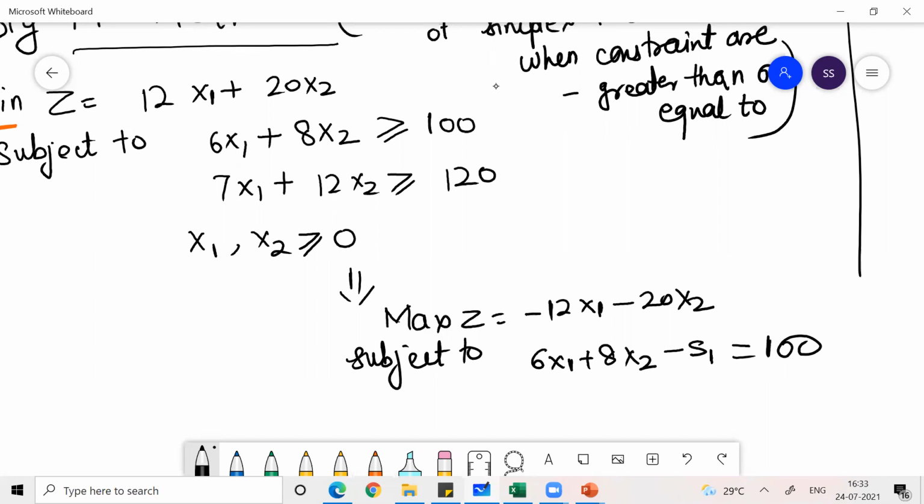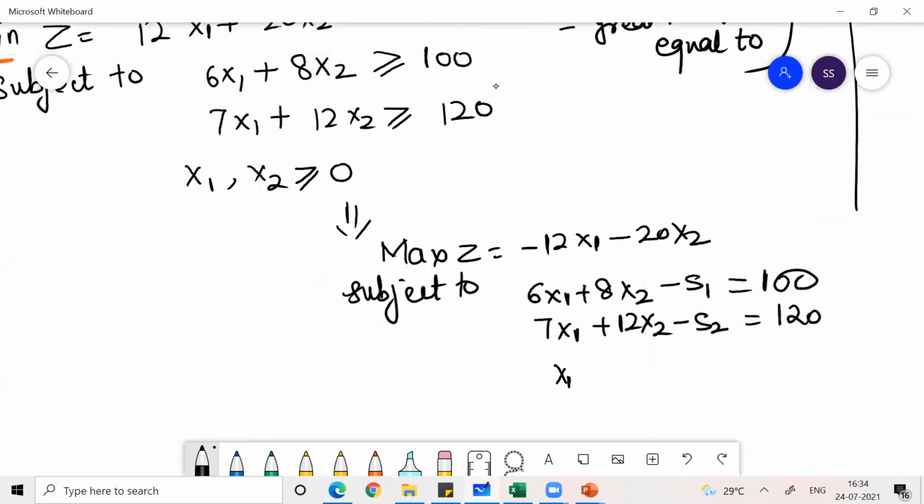So first, the minimization objective function, you convert it into a maximization objective function by changing the sign of the variables of the objective function. And the constraint you are having, 7x1 plus 12x2, I can write as 7x1 plus 12x2 minus s2 is equal to 120, where x1, x2, s1, s2 should be greater than or equal to 0.